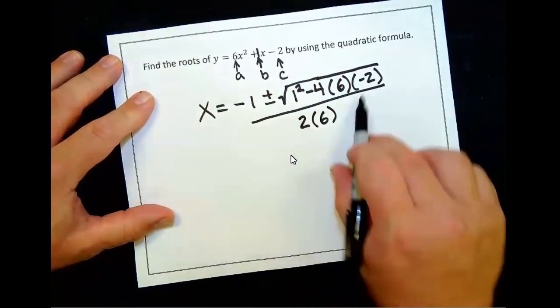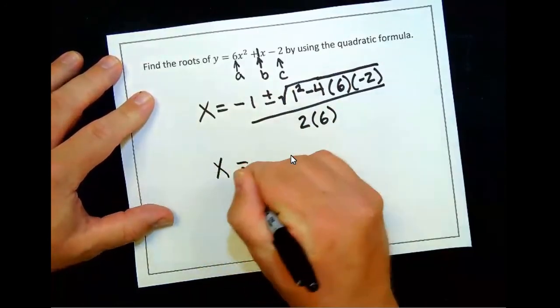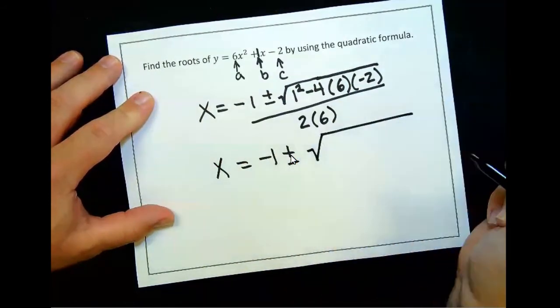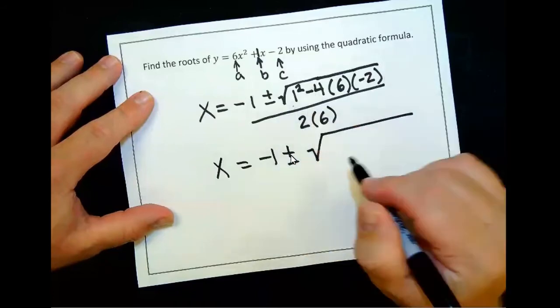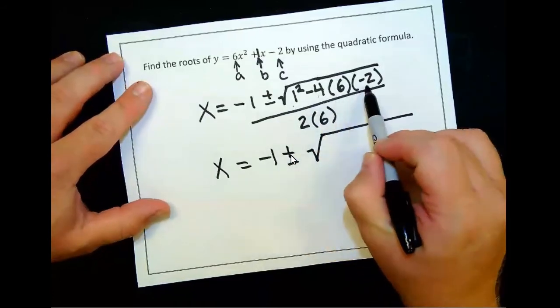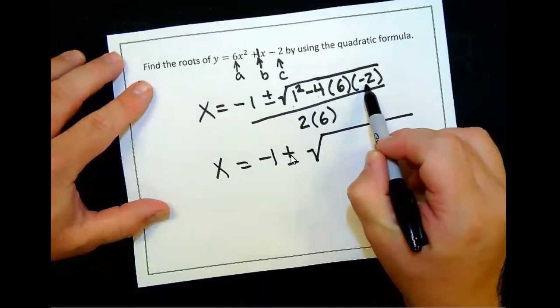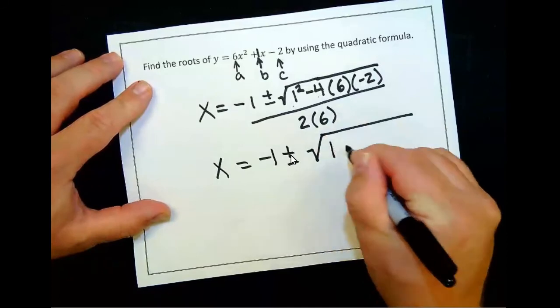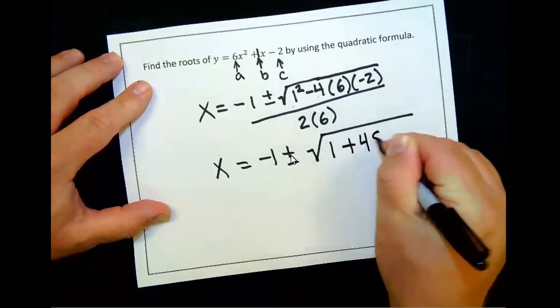I need to simplify what's inside the radical. So 1 squared is obviously 1. Negative 4 times negative 2 is positive 8. 8 times 6 is 48. So I end up with 1 plus 48.